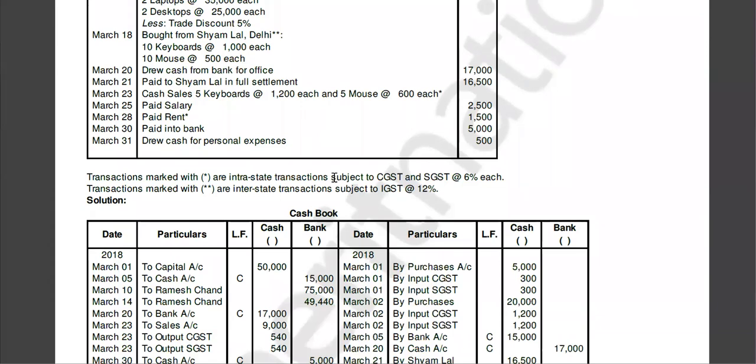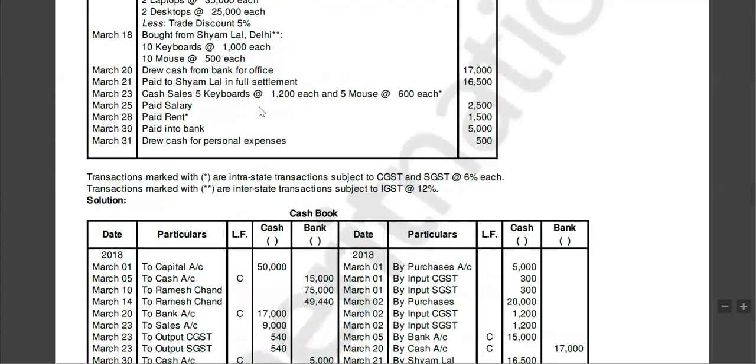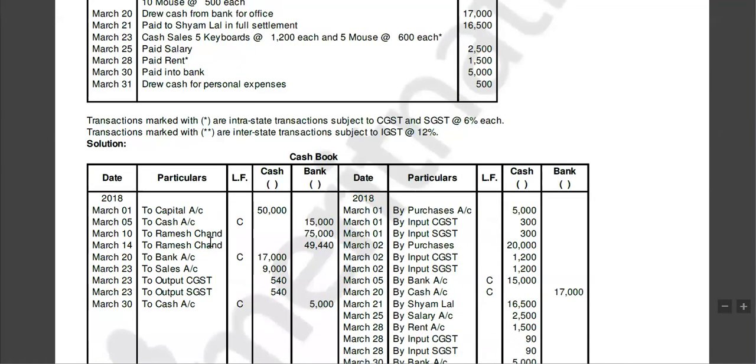Receive check from Ramesh, the same way: bank account debit to whom you receive, Sri Ramesh Chand. So bank account debit to Ramesh Chand. The same way, March 14 to Ramesh Chand 49,440.